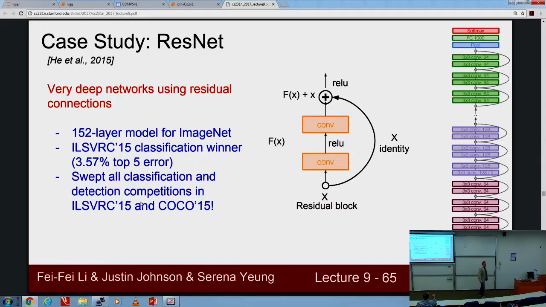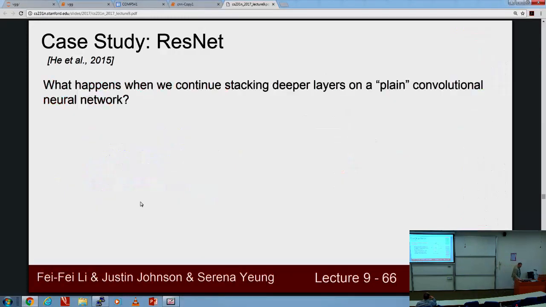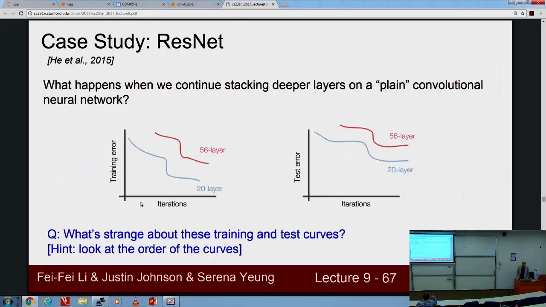Now, one of the motivations that inspired ResNet was this graph. When people first started experimenting with deep networks, they saw this puzzling thing. Here's training error, here's test error. There's a 20-layer network and a 56-layer network, let's say.